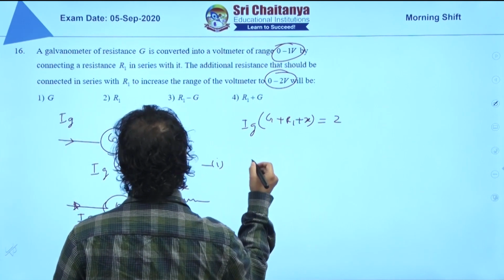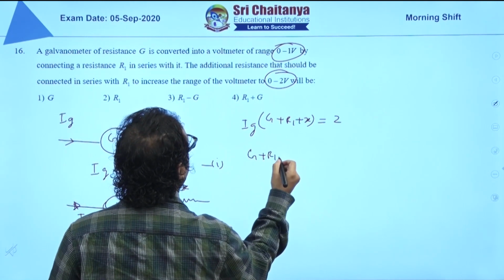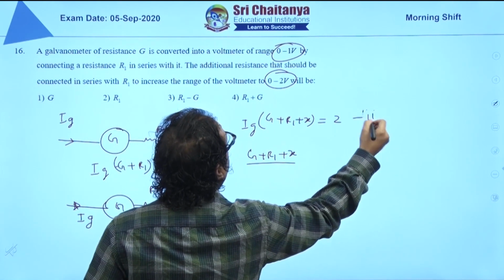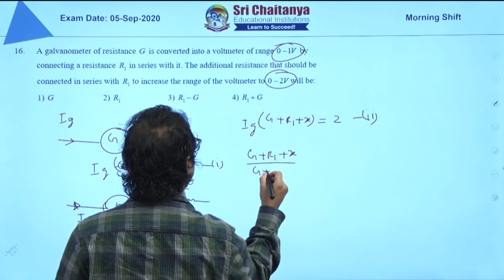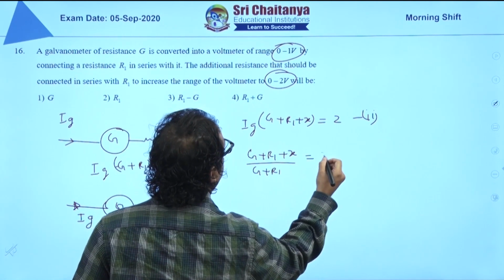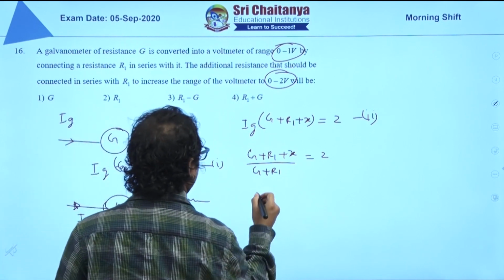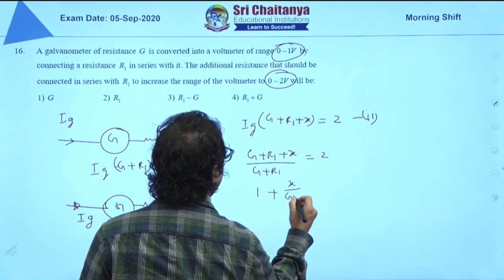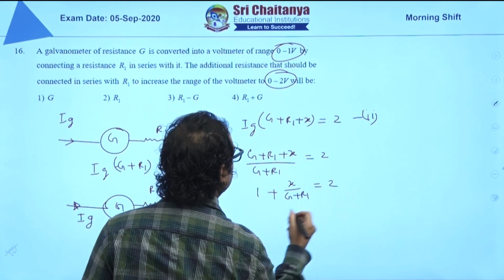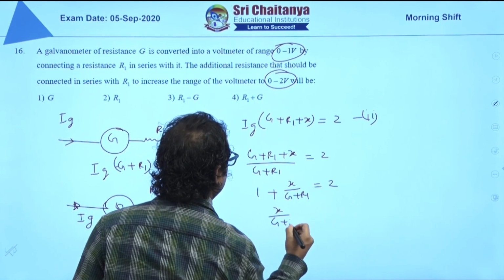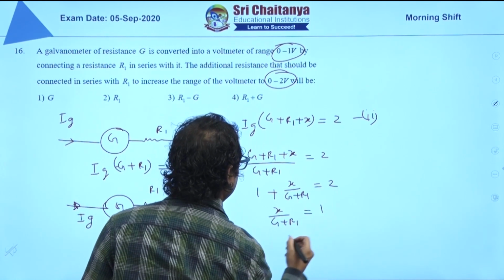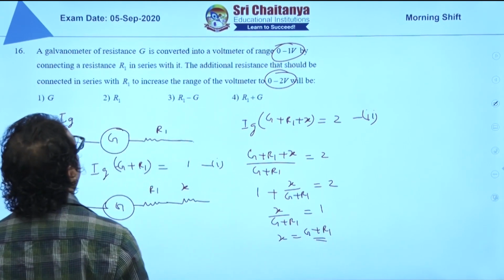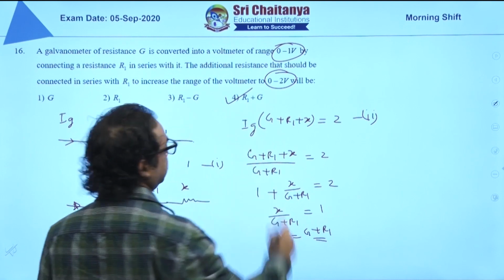So, we are getting (G plus R1 plus X) divided by (G plus R1) is equal to 2. So, 1 plus X divided by (G plus R1) is equal to 2. So, X divided by (G plus R1) is equal to 1. So, X is G plus R1. So, this is your answer, fourth option.